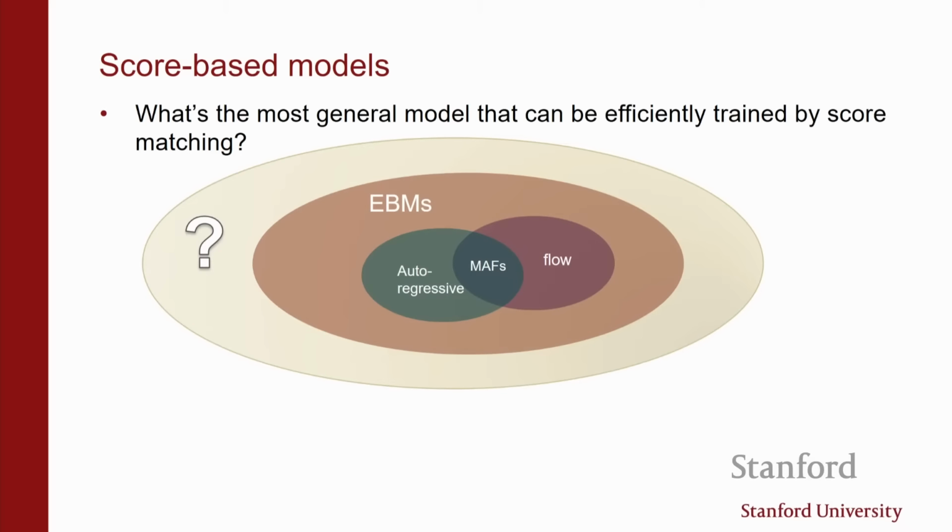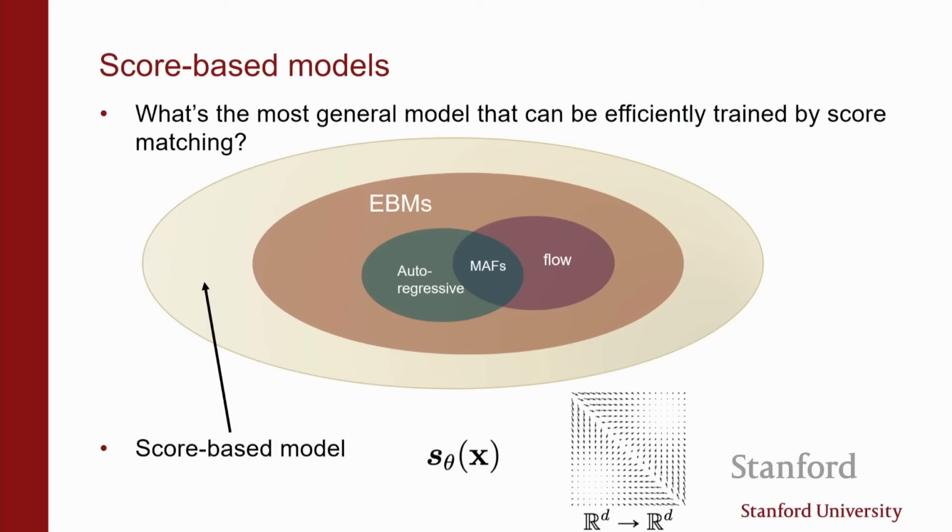But perhaps there is something even larger, an even broader set of model families. And that's the idea behind a score-based model. Instead of modeling the energy, we're directly going to model the score function.